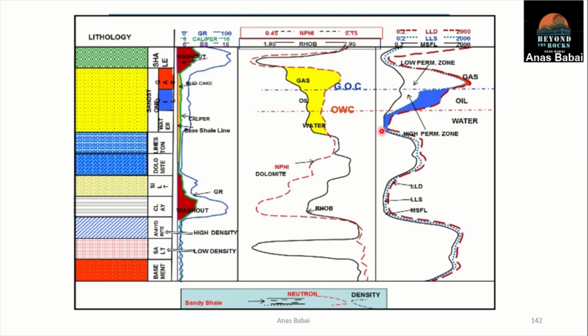We can differentiate the zone that contains water from the zone that contains hydrocarbon, and even, using the neutron density as we said earlier, we can differentiate the oil zone from the gas zone based on the separation between the neutron and density. A higher separation is an indication of gas, while a little less separation is an indication of oil.